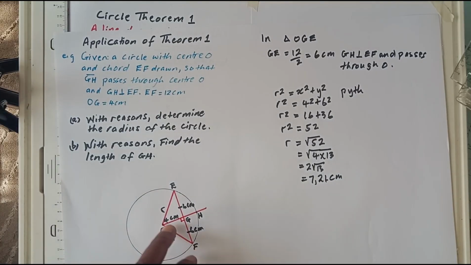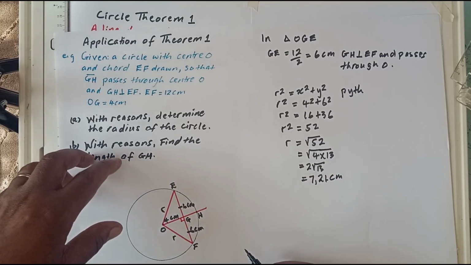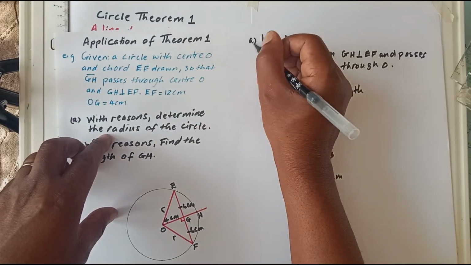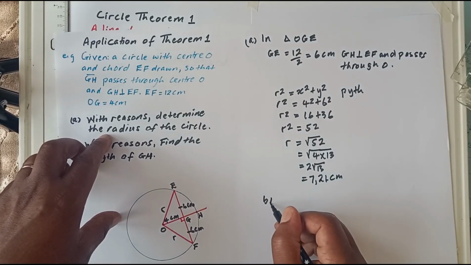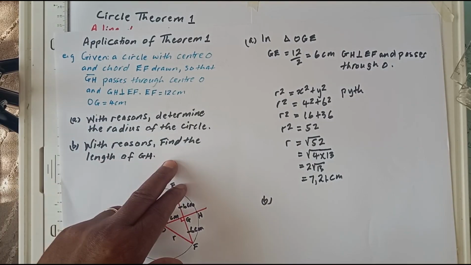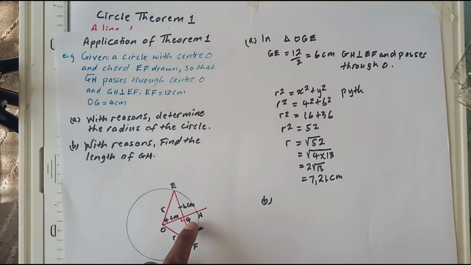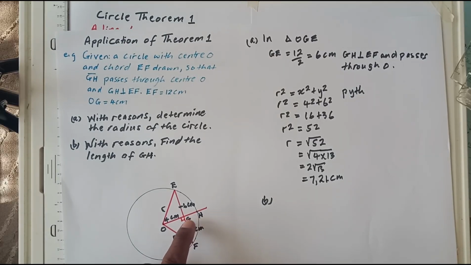So that's the radius of the circle, OE. Now, the second question, this is actually question A. Question B says, determine with reasons the length of GH. Now, GH is part of the radius.